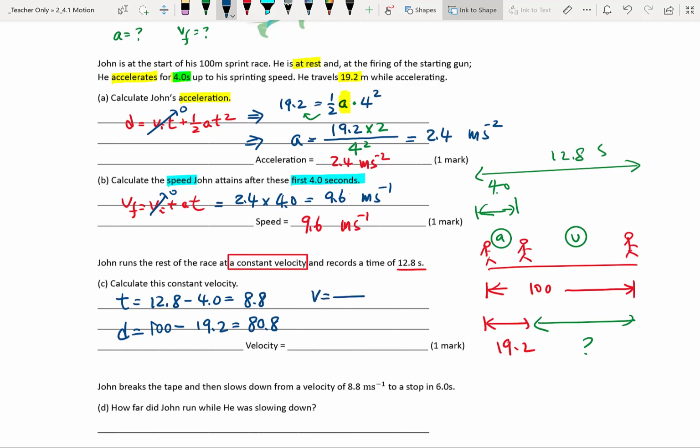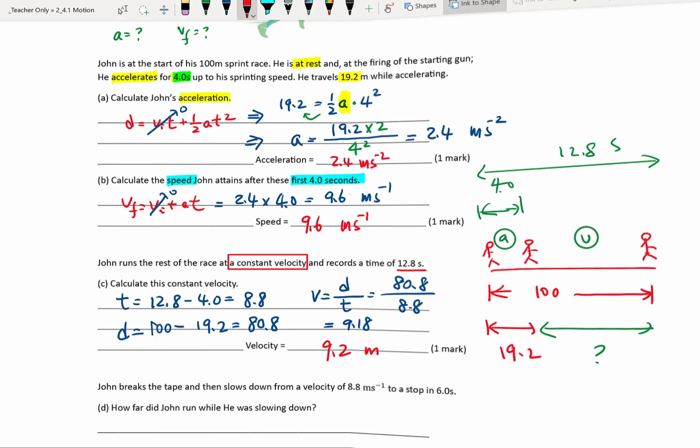It's a constant speed, not acceleration, so distance over time: 80.8 divided by 8.8, which is 9.18 meters per second. We can round it to two significant figures, which is 9.2 meters per second.